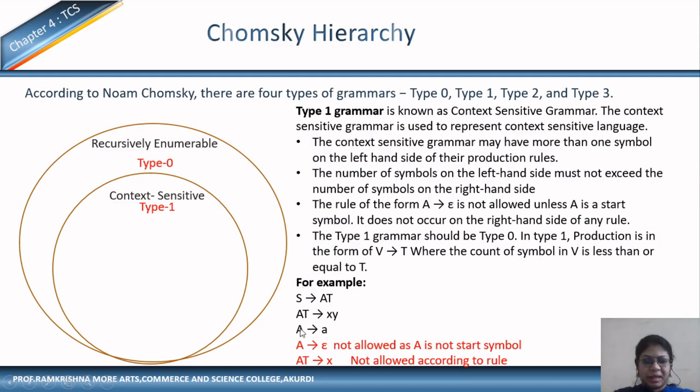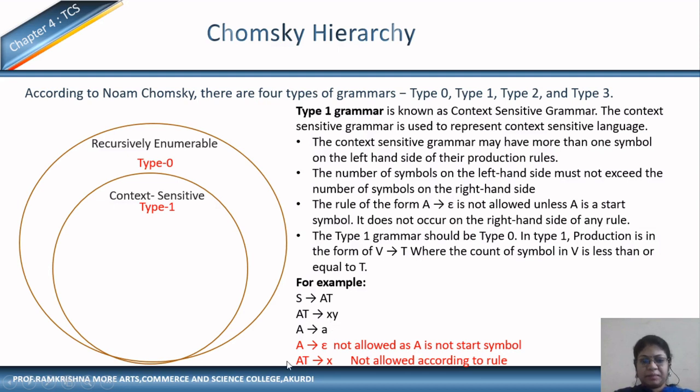Now you can see in the example, the first production I have written is S gives AB. The second production is AB gives XY. This is a valid production rule as there are two symbols on the left hand side and two symbols on the right hand side. LHS is not exceeding the RHS symbols.